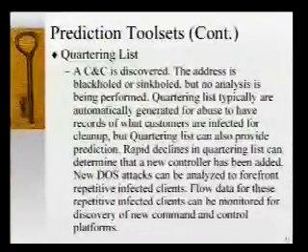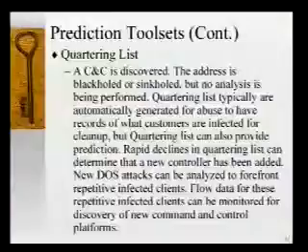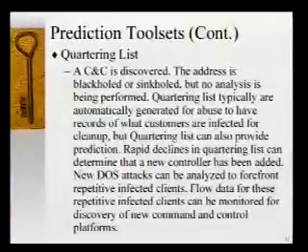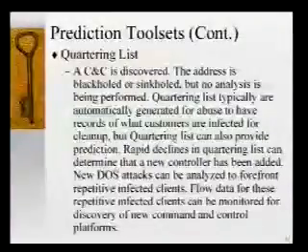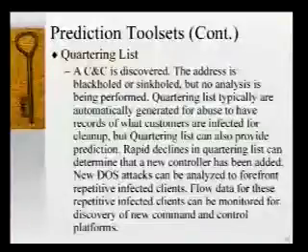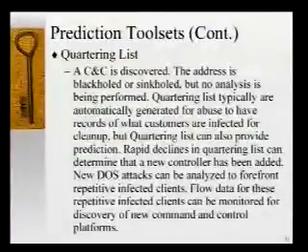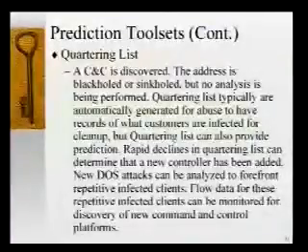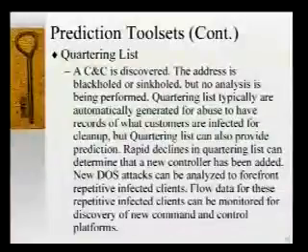And you can see a rapid decline in the infected hosts from your quarantine list. New denial of service attacks can then be analyzed. You can bring to the forefront who the repetitive infected clients are. You can capture flow data on these repetitive clients, and you can monitor them for new command and control platforms.